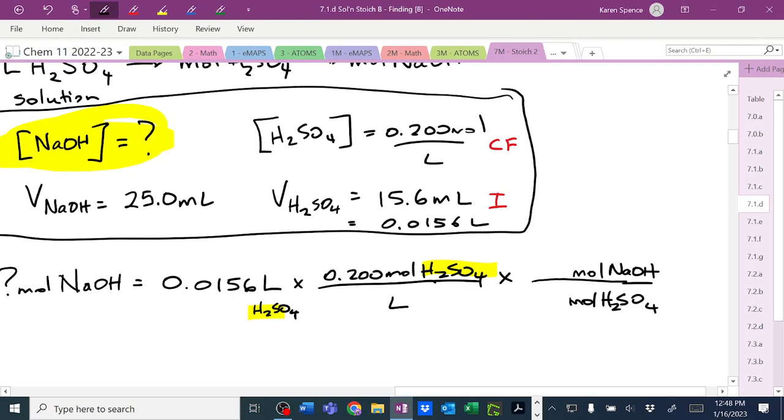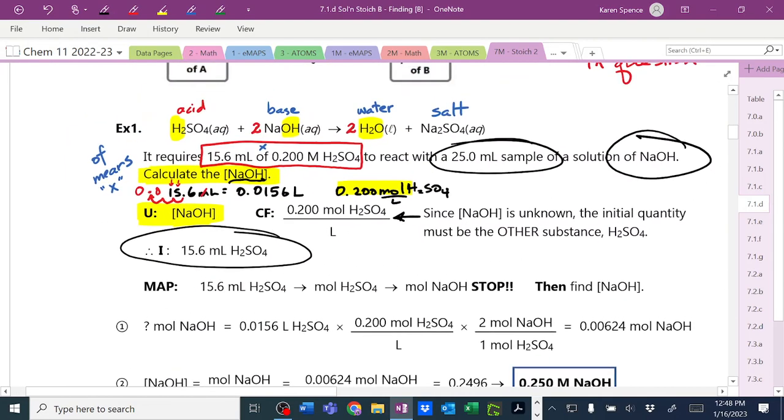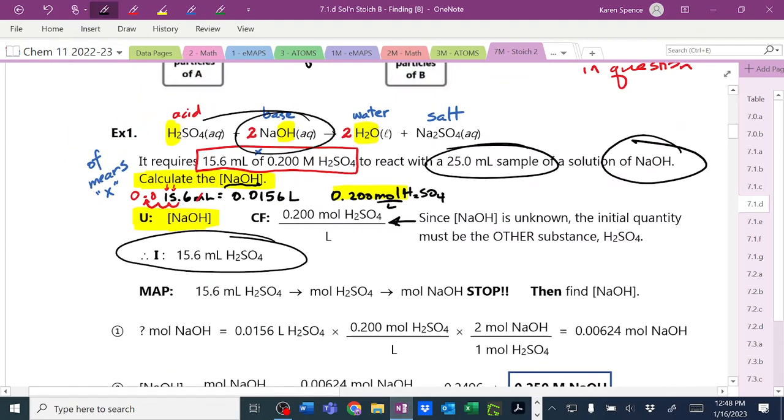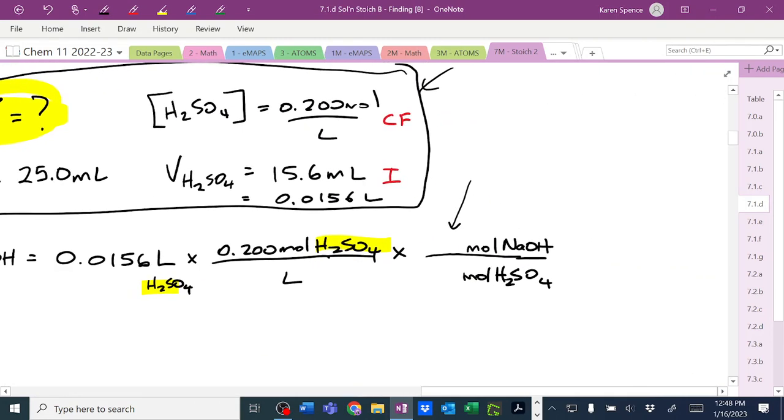Where do we get those numbers from? They aren't given up here. Those are from our balanced equation. So we go back here and we say in front of the NaOH there is a 2, and in front of the H2SO4 there is a 1. So there are 2 NaOH for every 1 H2SO4.